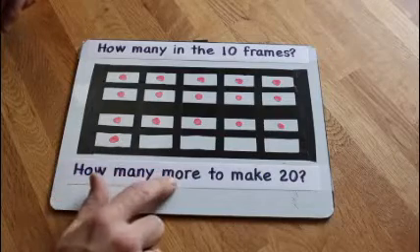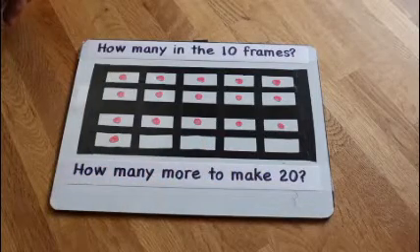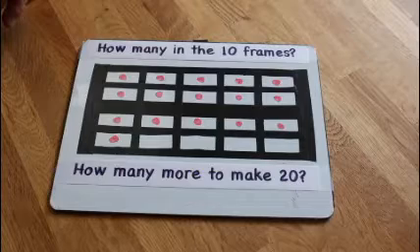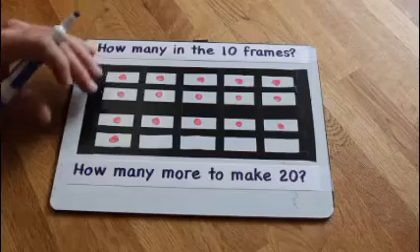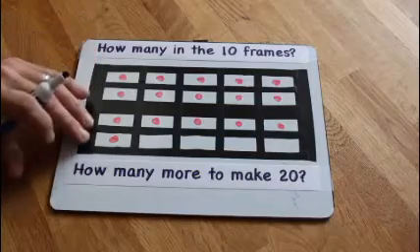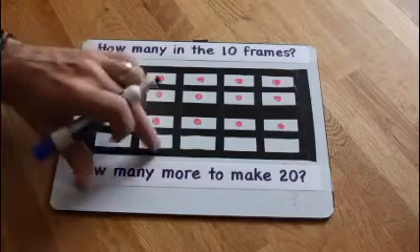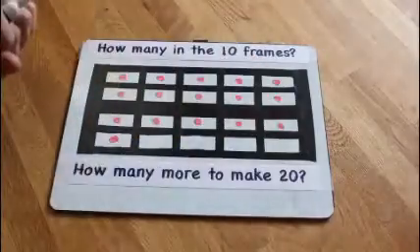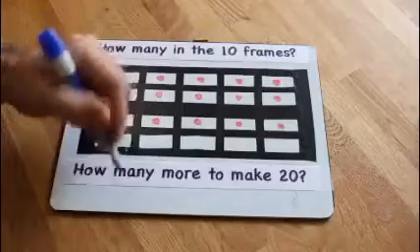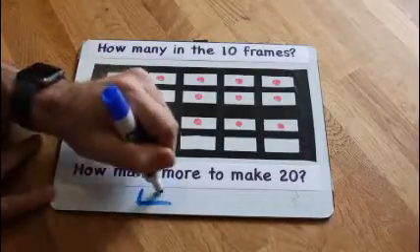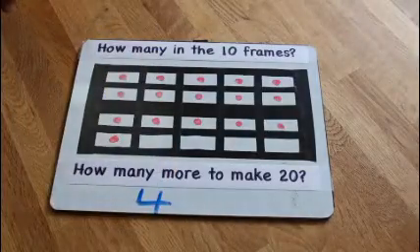How many more to make 20? We've learned that 2 10s is 20. So if we've got 1 10 full and we have these 6 here to make 16, we have to know the amount to fill in to make 20, and that's going to be 1, 2, 3, 4. Down and across and down some more. That's the way to write a 4.